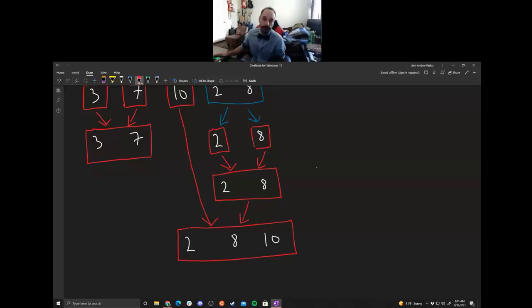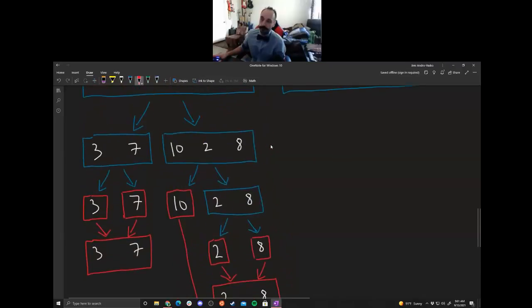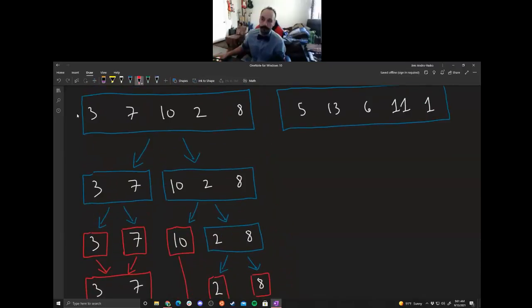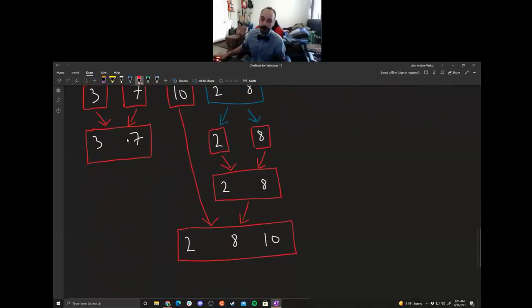So now we can see here for this array, the 3, 7, 10, 2, and 8, the left side is sorted, the right side is sorted by magic. Now we have to merge these two arrays, the 3, 7 array with the 2, 8, 10.